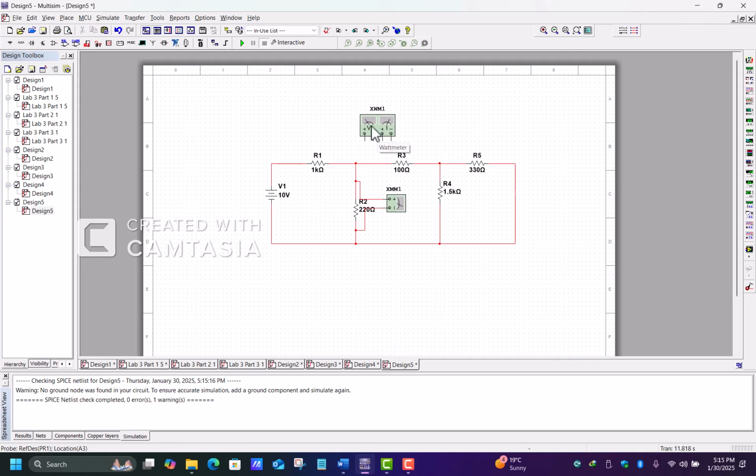But for our learning purposes, we will take this wattmeter and calculate the overall power of this circuit. So we connect these ports of the wattmeter there.